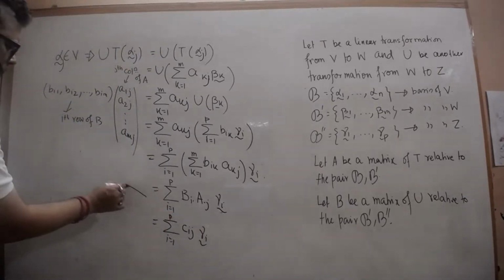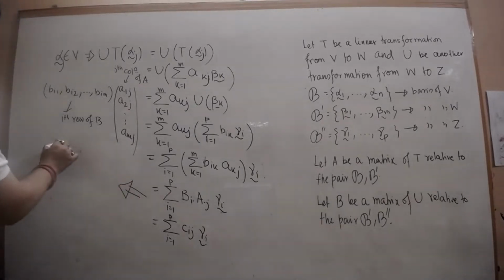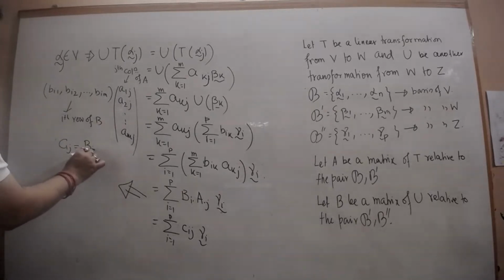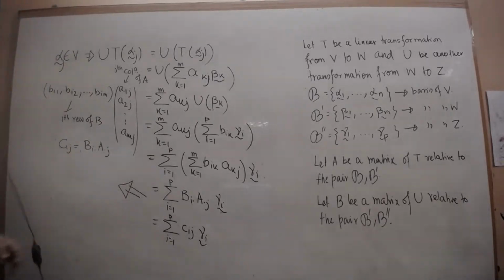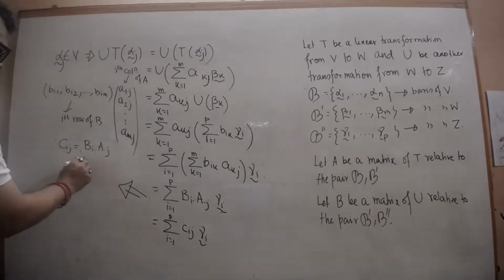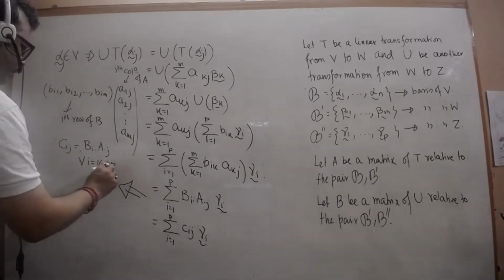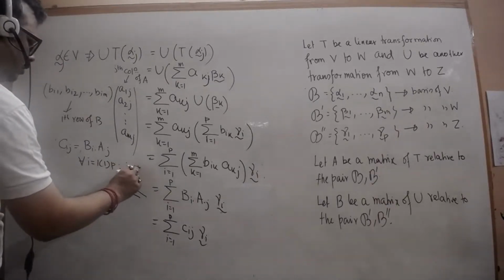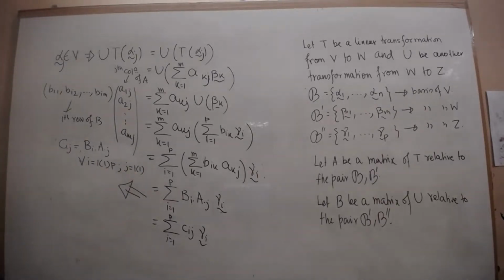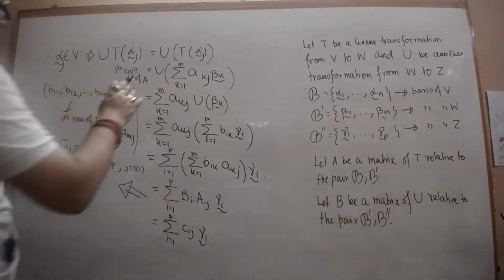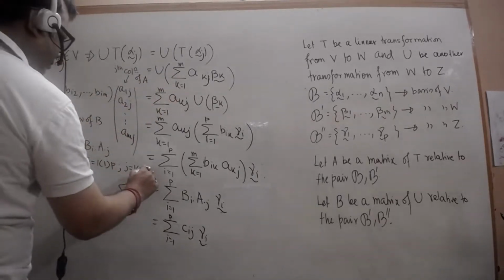So this gives c_ij equals B_i dot times A dot j, for all i from 1 to p, j from 1 to n.